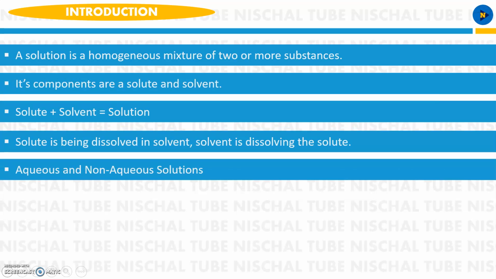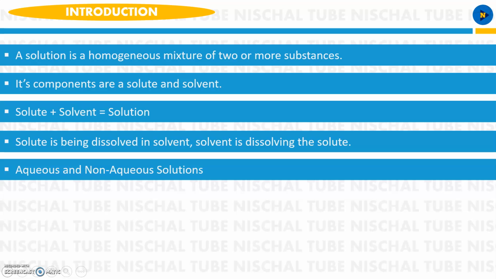Within solutions, we have a few different types, but the primary classification is aqueous and non-aqueous. Aqueous is in the name itself. Aqua means water. So in aqueous solutions, the solvent component is water. And in non-aqueous solutions, the solvent component is anything but water. So we can think of many examples for both.